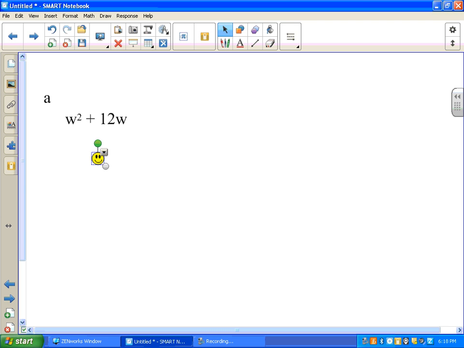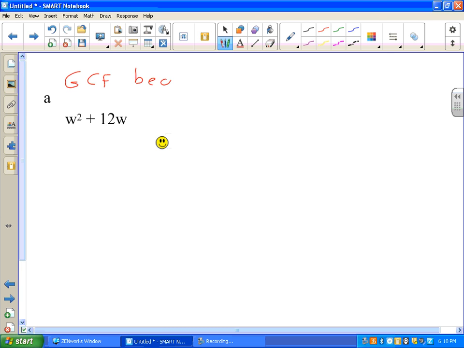Is it the greatest common factor? Yes. The first term and the second term have a common variable, which is w, so we're going to use a GCF because there is a common element in each term, and that is w.